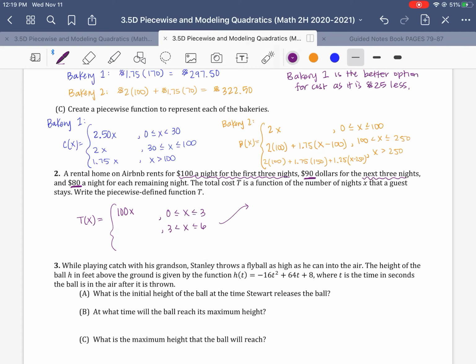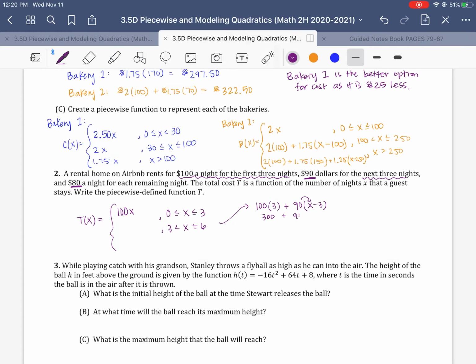And I'm going to write it over here so that we can simplify the function and then write the final function in our piecewise. So remember, you're going to have to pay $100 for the first 3 nights. So $300 is already out of your pocket. Plus, you're going to pay $90 for the next 3, or however many you stay beyond 3. So that would be X minus 3. And then again, I told you up top, normally we would simplify this.